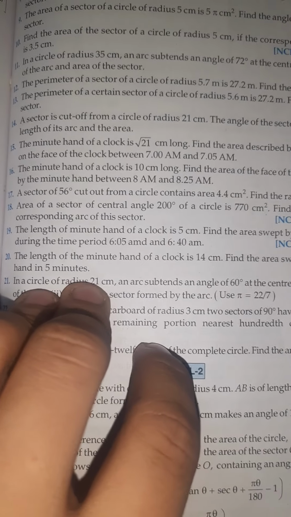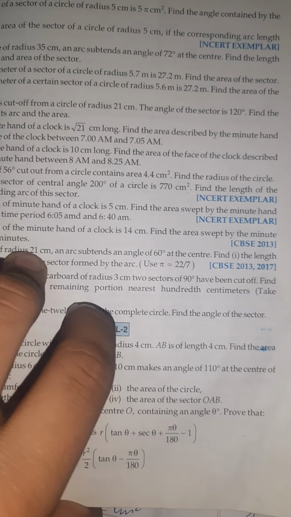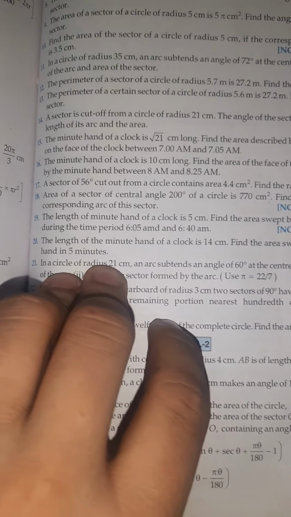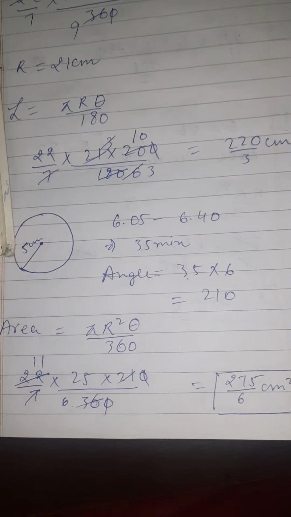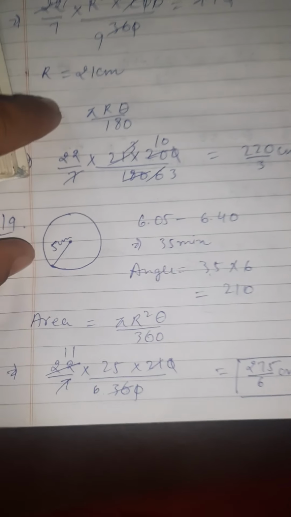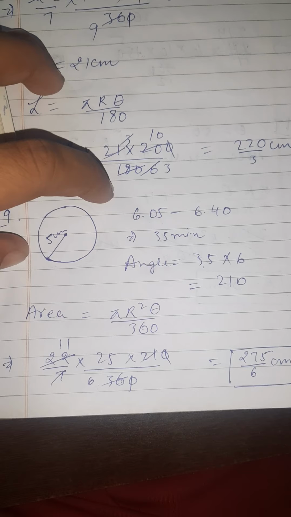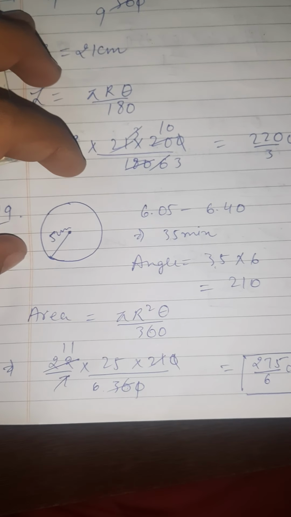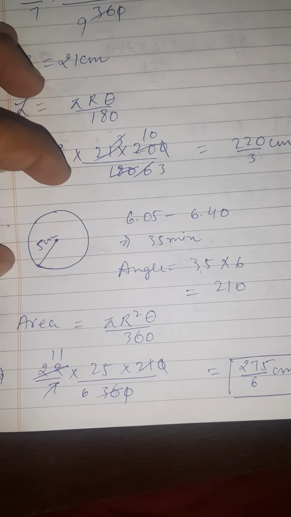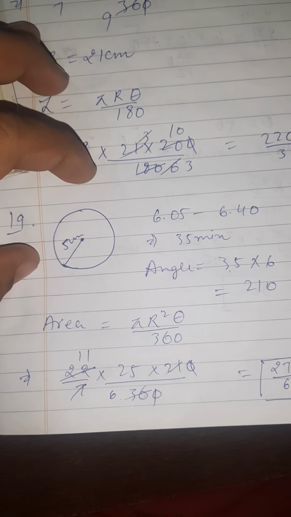This is saying that the length of a minute hand of a clock is 5 centimeters, and we need to find the area swept by the minute hand during the time period of 6:05 to 6:40. We have already done a question of this type earlier, and this will require the same method. We first calculate the time the minute hand has swept, which is 35 minutes.